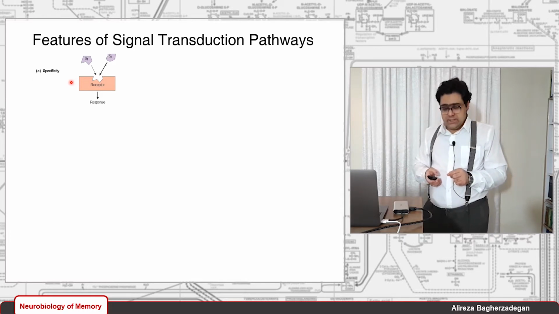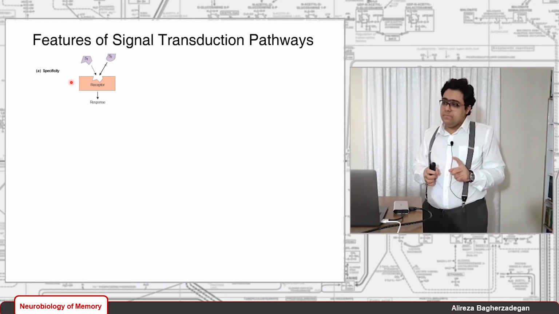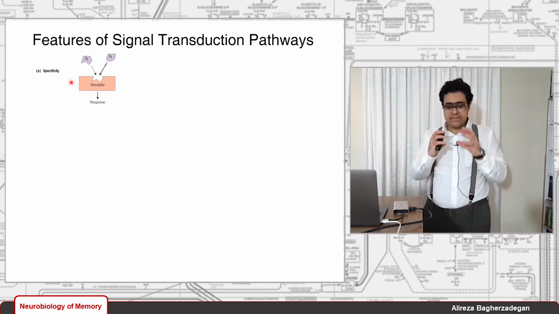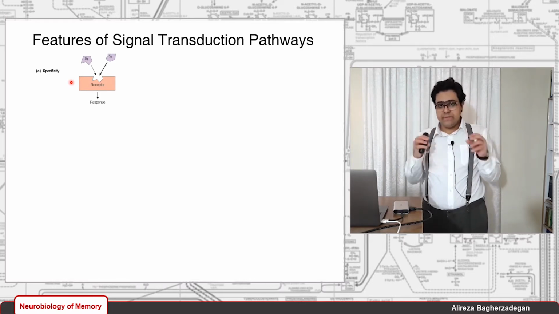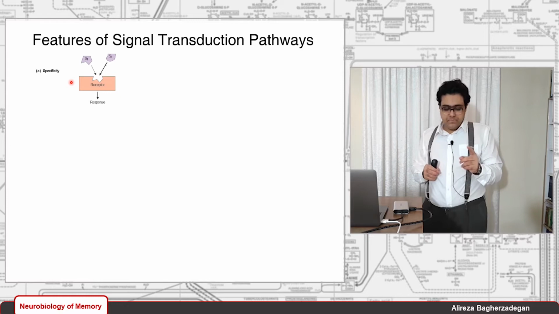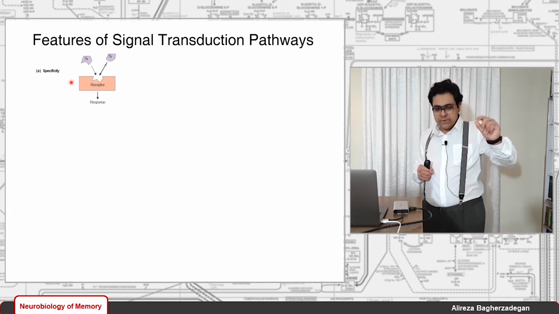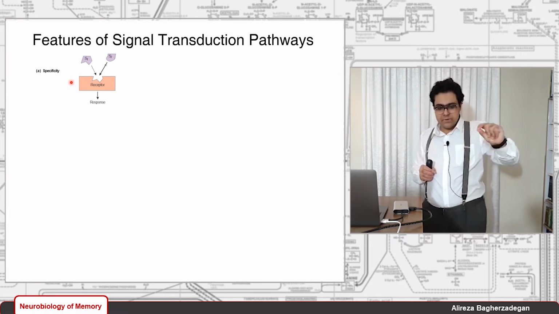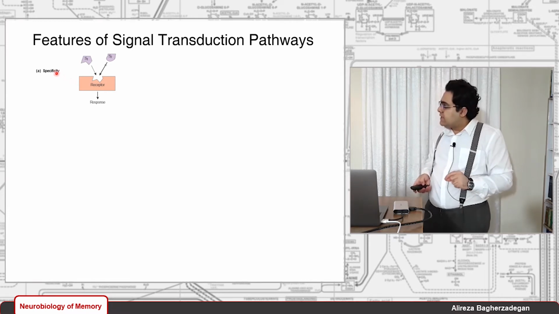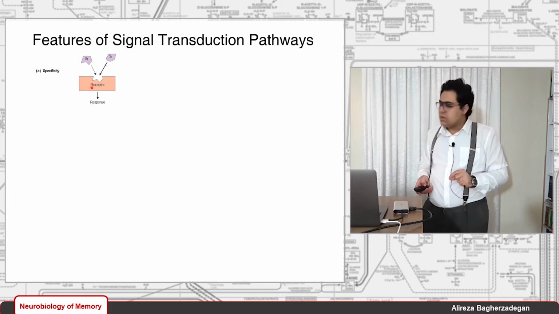If you remember in the previous lecture I told you that a cell may be bombarded with different and various kinds of signals. But one of the ways that cells can identify a very specific signal molecule or ligand is because each ligand has a specific receptor, okay?